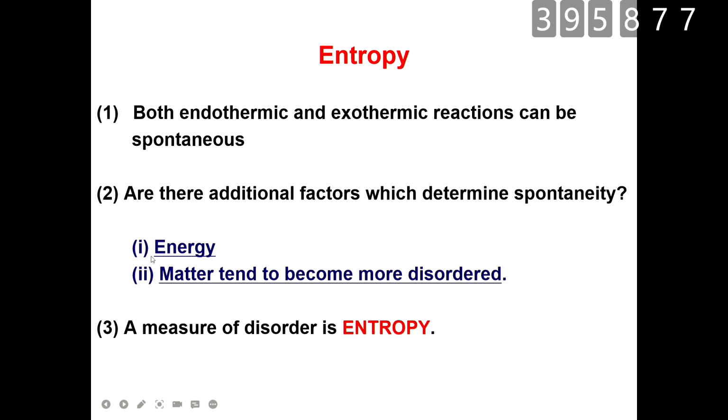So basically, first is energy. Second, important: matter tends to become more disordered. Energy is just one very important factor. Another important factor is that matter tends to become more disordered.